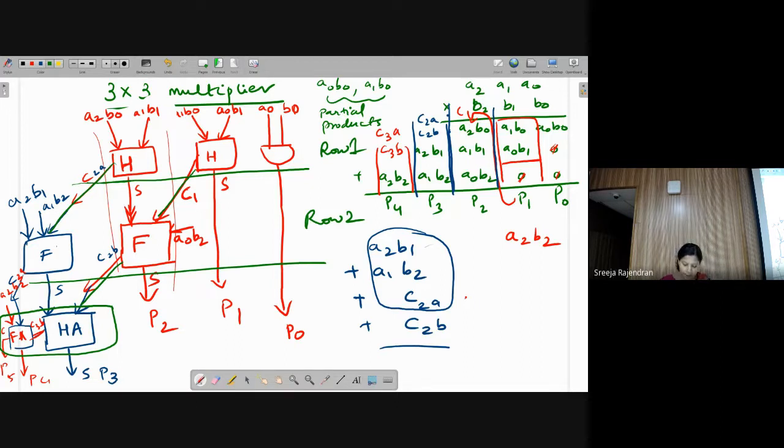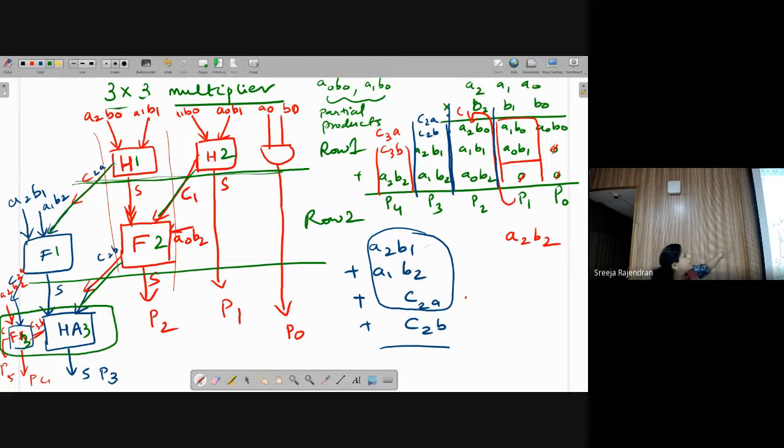If I call these H1, H2, F1, F2, then for F1 to give an output, I need the carry from H1, which is in the previous row. Nothing in the same row. So in the same row, they all work independently, and this will be generated by the time we reach the next stage.